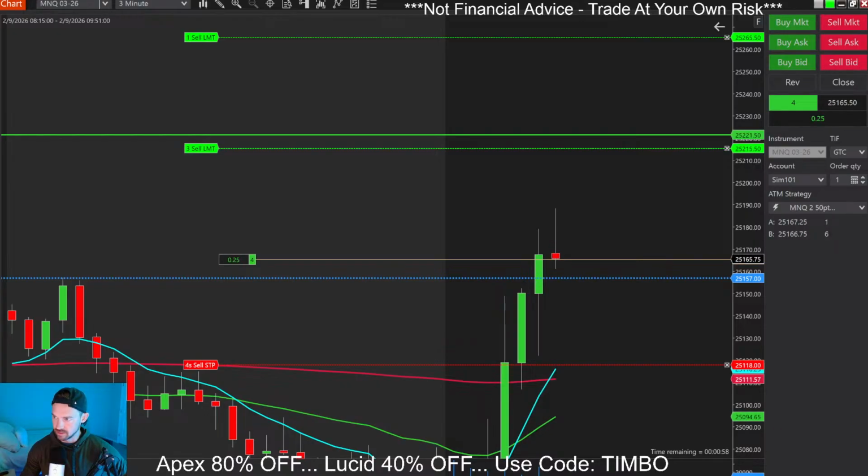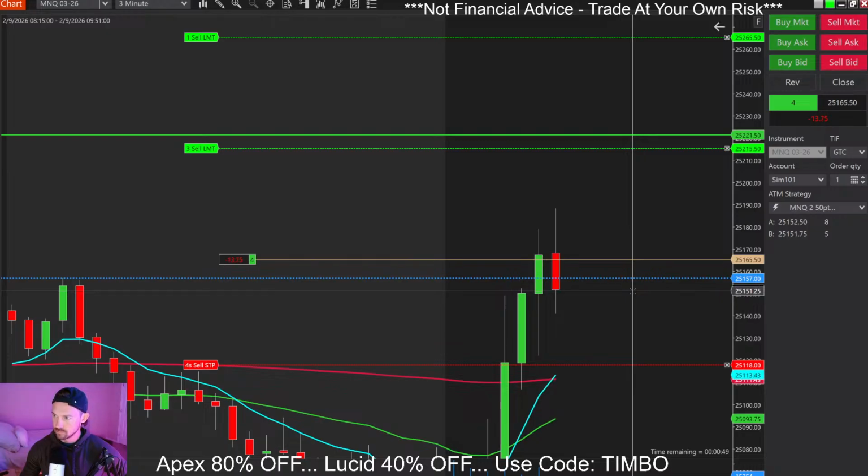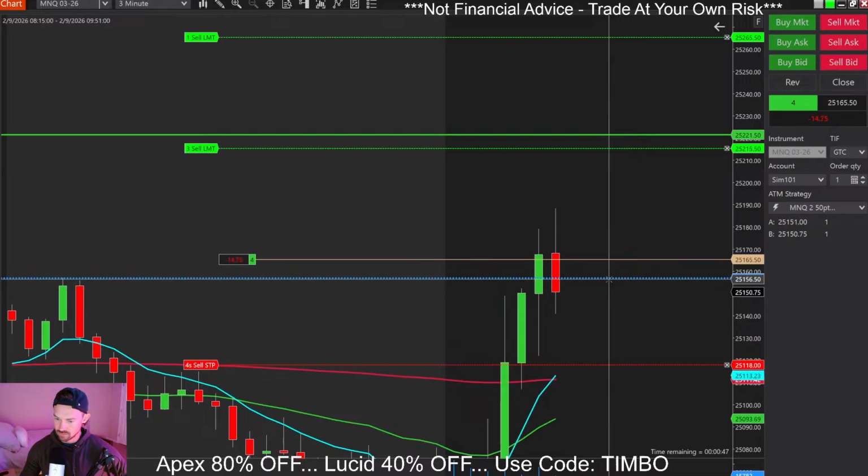Alright, new 5-minute candle here. See if we can hold above that pre-market resistance here.